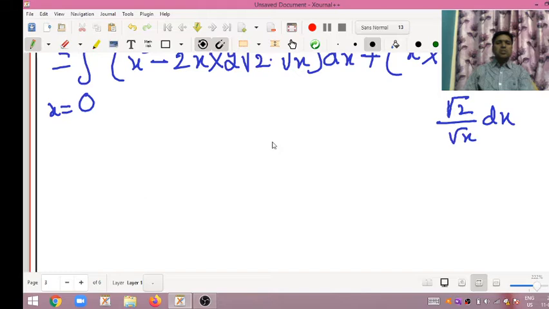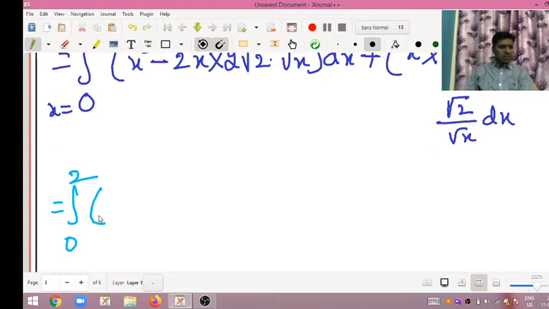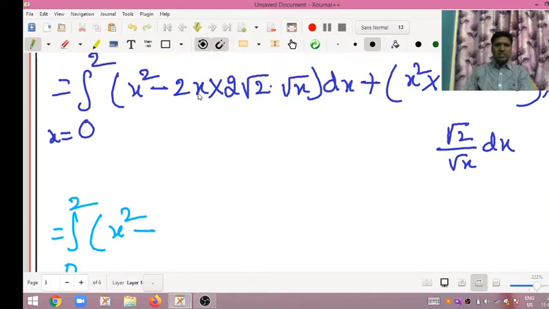See, we want to simplify this one. Integral 0 to 2, first of all we write x square minus 2 into 2 root 2, that is 4 root 2, x into root x, which is x to the power of 3 by 2, into dx. This dx I am writing at last.